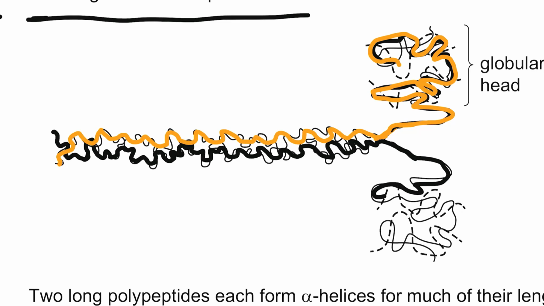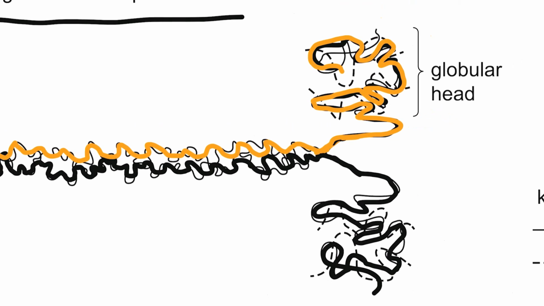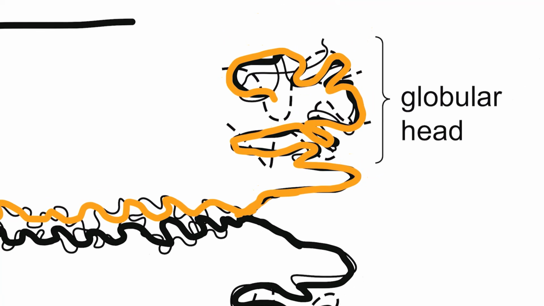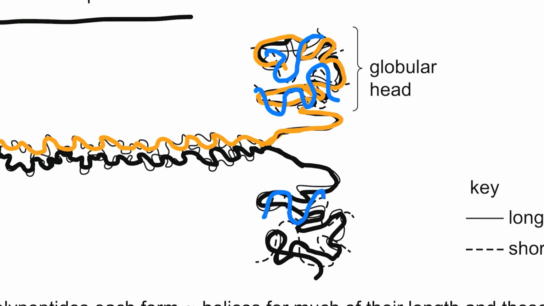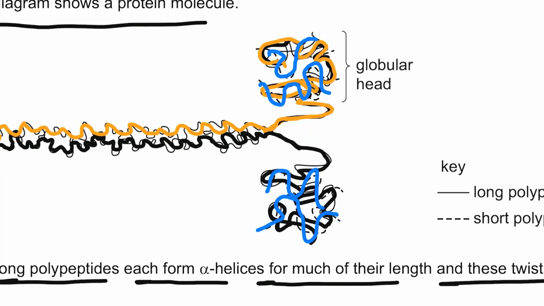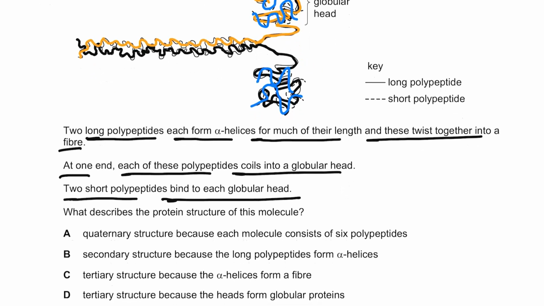Okay, so up till now we have discussed 2 polypeptide chains. Now they have mentioned that on each globular head there are 2 short chains which are folding. So how many polypeptide chains are there? Yes guys, there are 6 polypeptide chains. What describes the protein structure of this molecule?